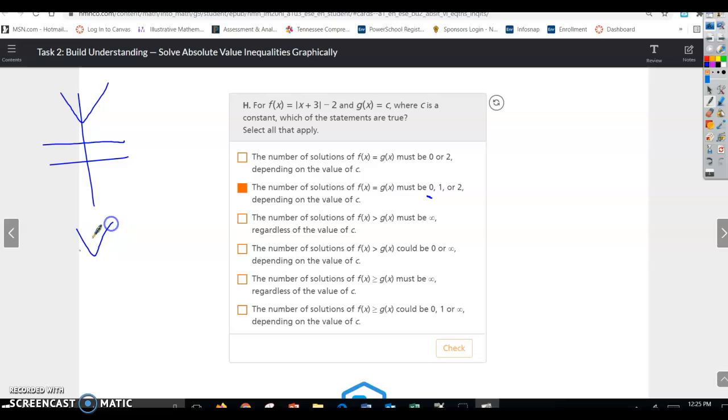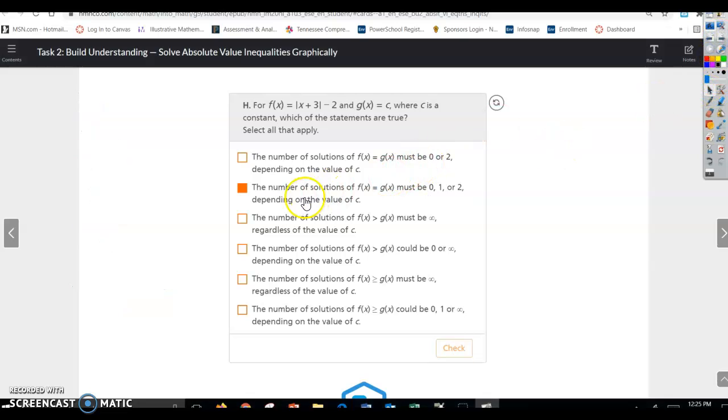If I have a V-shaped graph and my constant function hits at the vertex, that's going to be one solution. Or if I have what we looked at before, where it has a point here and here, then that represents 2 solutions. So that second one should be a correct answer because you could have no intersections, 1 intersection, or 2 intersections, and that would be your number of solutions there.